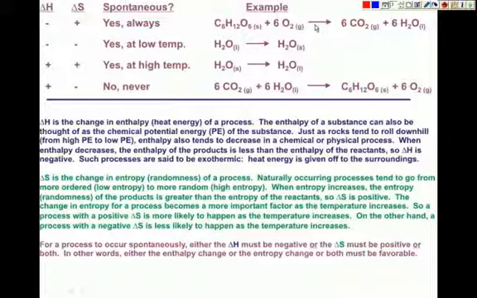So therefore the delta H is going to be negative. Okay, so delta H is negative here. And this is going from a solid and a gas to a gas and a liquid. Okay, so therefore the S, or entropy, or the amount of randomness, is increasing.